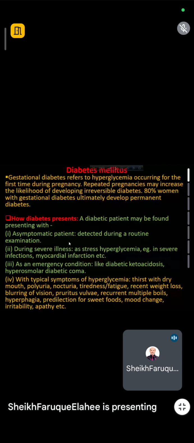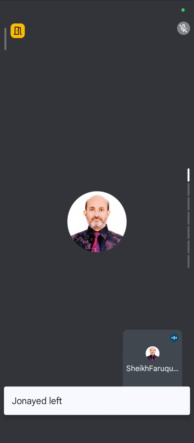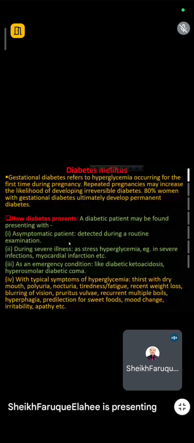Second thing, a patient will come who maybe has a severe infection. If the person has diabetes and he has a severe infection, such as a severe kidney infection or UTI, severe pneumonia, severe cholecystitis, or, for example, severe pharyngitis, this will increase his blood level of glucose.